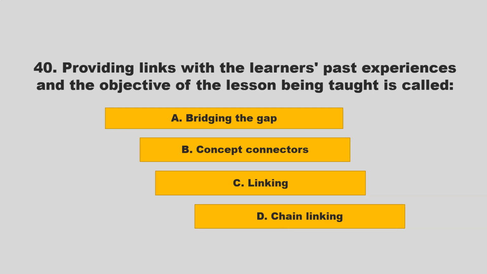Providing links with the learner's past experiences and the objective of the lesson being taught is called bridging the gap, concept connectors, linking, chain linking. If you chose B, concept connectors, you are correct.